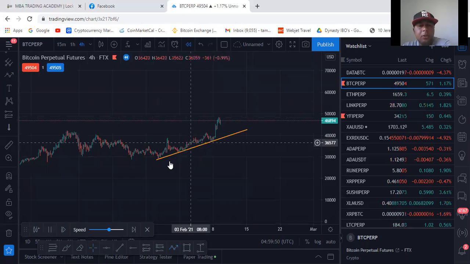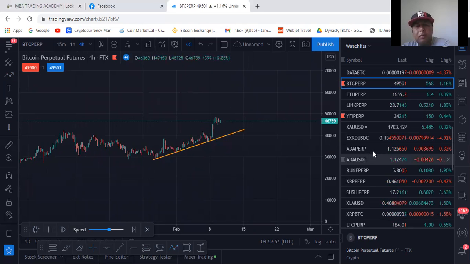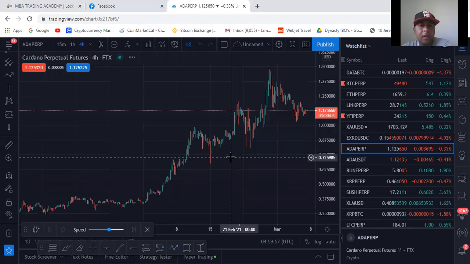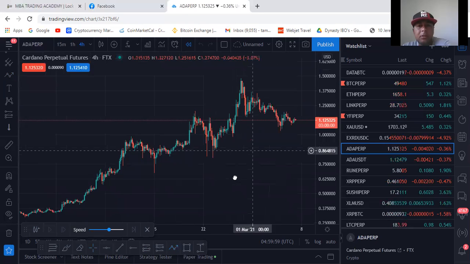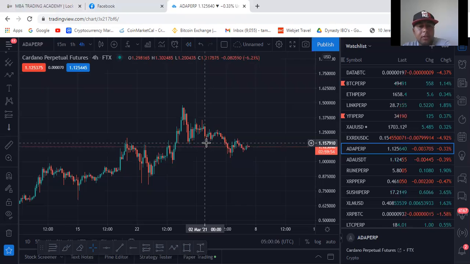So you pretty much just want your trend line to be kind of going across. So ADA would be a good one. It's been going down lately, so let's just come backwards to say here, here.